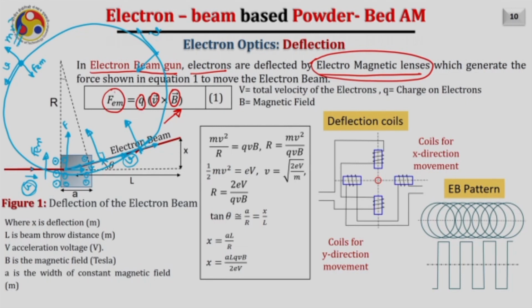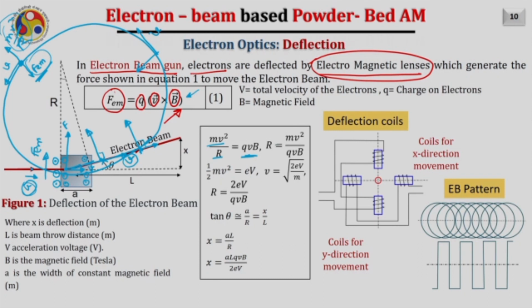We know that. If I balance these two forces, then only the particle will be in equilibrium. So let us do that. mv square upon r equals the electromagnetic force acting inwards towards the center, which equals the magnitude of this, qvB.